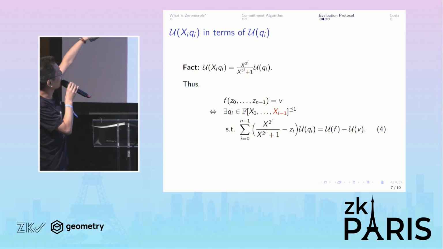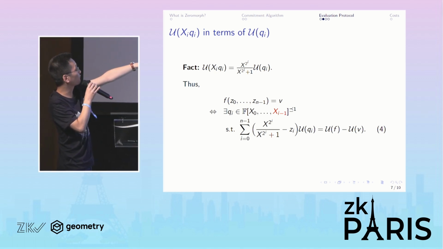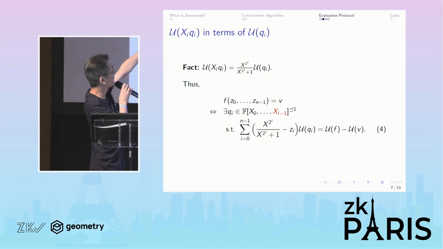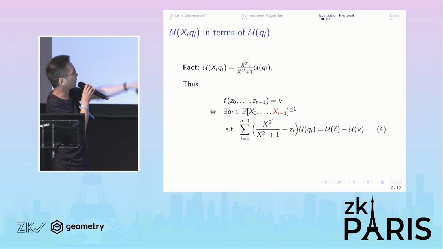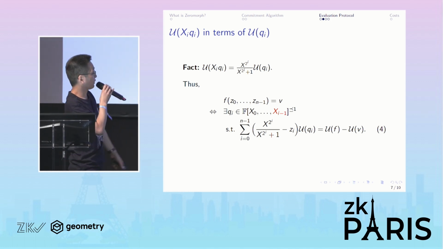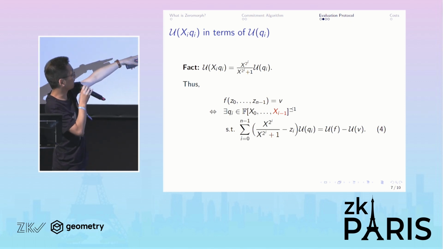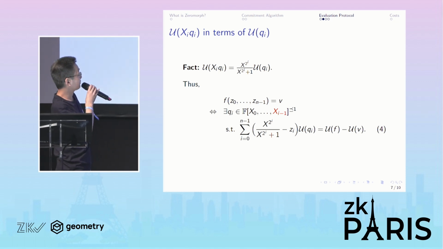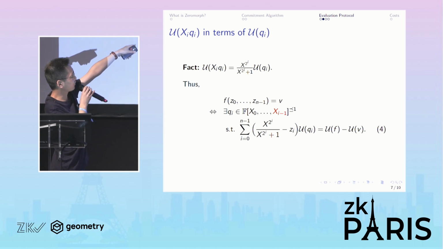So throwing this into the previous equation, the verifier needs to check equation 4. f evaluates to v if and only if there is q_i satisfying the condition on the variables such that equation 4 holds. Now, if you have a commitment to u of q_i, then you can evaluate both sides at a random point. The problem now is to make sure that q_i satisfies this variable condition.